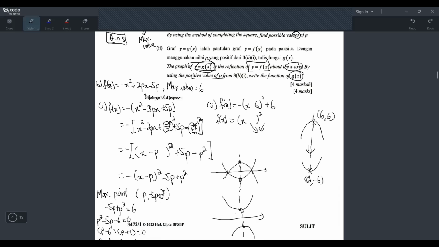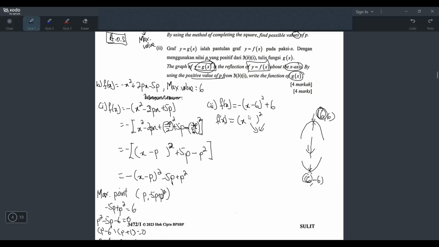Can you see your x-coordinate of the turning point never changes? It doesn't matter whether your curve touches the x-axis at 2 points, or 1 point, or doesn't touch at all. It doesn't matter. When you reflect in the x-axis, the x-coordinate of the turning point will not change. It means your axis of symmetry will not change. That is why your x-coordinate of the turning point is the same as before.